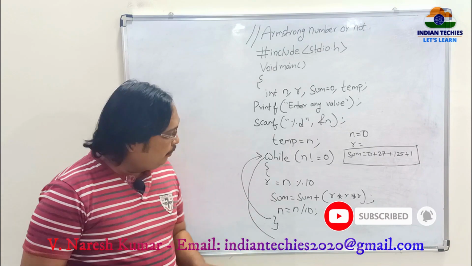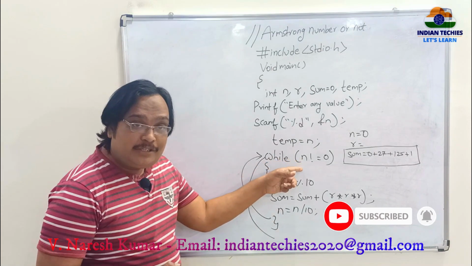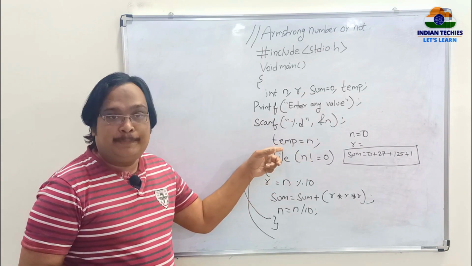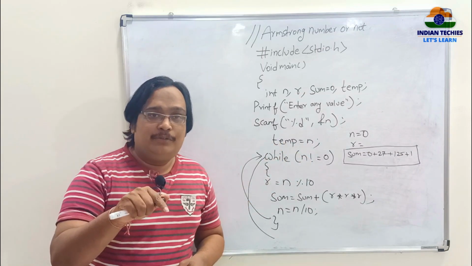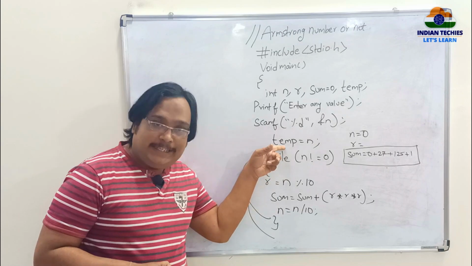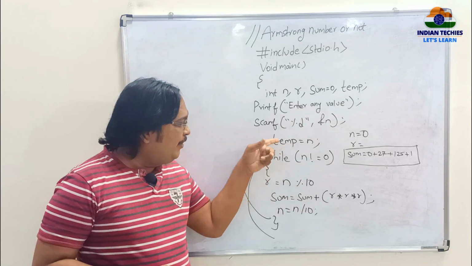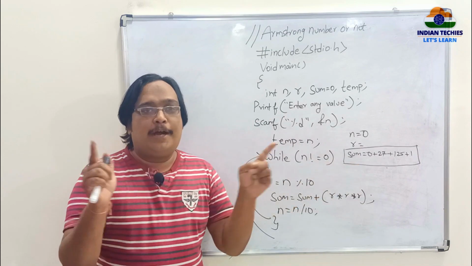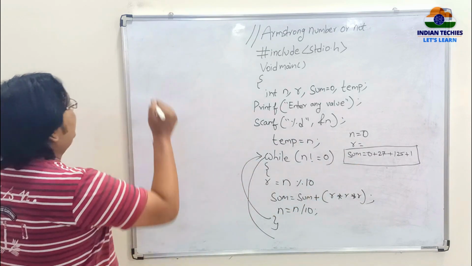For that purpose only, before performing operations on n, I kept this n value copy in temp. Now where is your given value? Your given value is in temp. So now your given value is temp and your calculated value is sum. Now compare these two using an if condition.